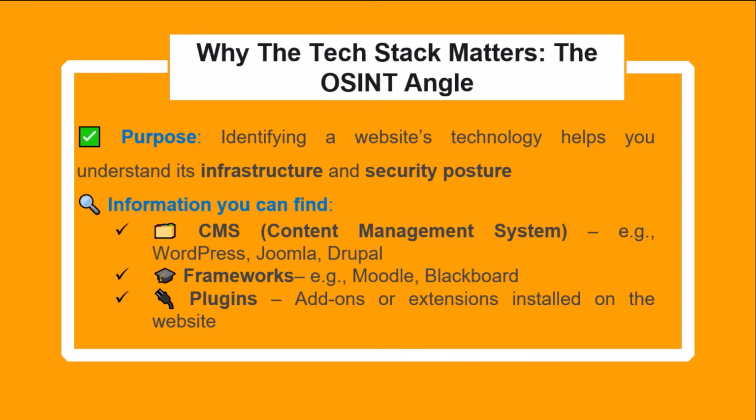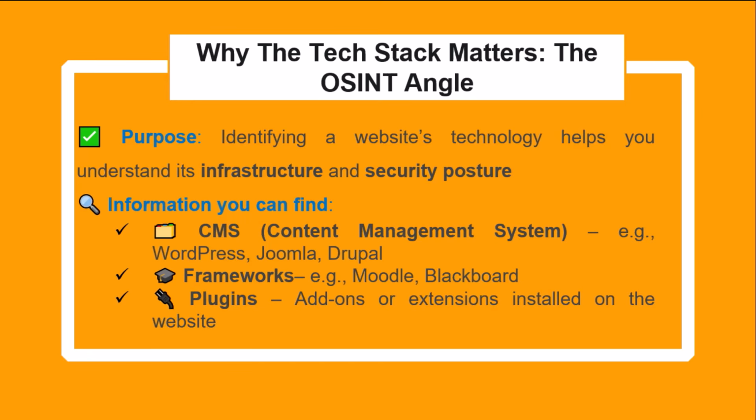So, why does the tech stack matter from an OSINT perspective? Because identifying a website's underlying technology helps us understand its infrastructure and its security posture. For an investigator or ethical hacker, finding out a website is running on an outdated version of WordPress isn't just a fun fact, it's a critical piece of intelligence.